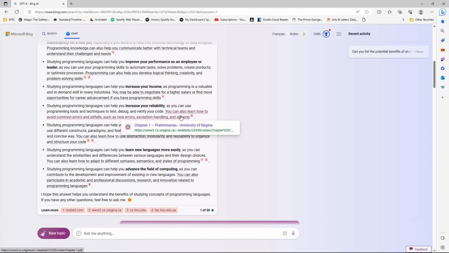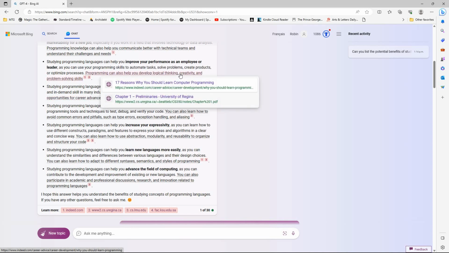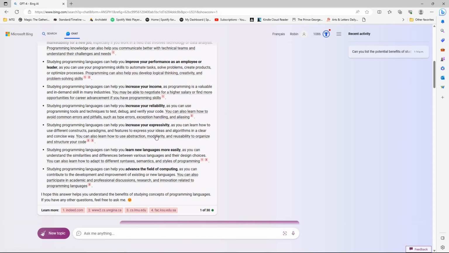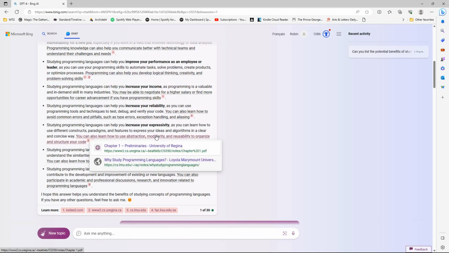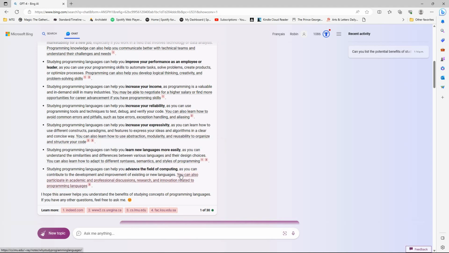And when you look at a lot of these, it's pulling them from sort of desperate places, like 17 reasons why you should learn computer programming. It's also got something in here from, why study programming languages, as opposed to why studying the concept.